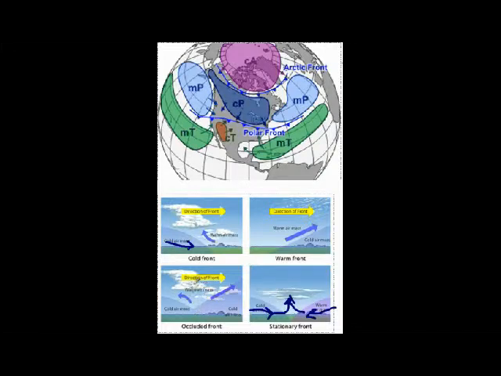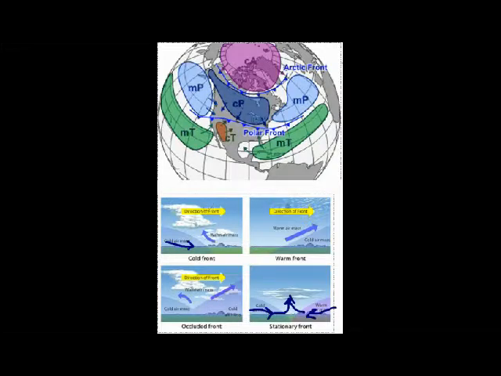This front doesn't occur very often, but here is where you have a cold air mass that sort of takes over another cold air mass and lifts an entire warm front up. So really what it is a cold front that runs into a warm front, and it takes this warm air mass that was here, and it just lifts the entire air mass high up into the sky. So occluded fronts generally are going to occur in stormy situations.